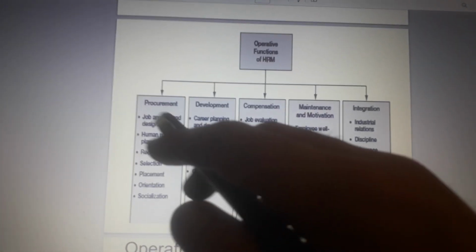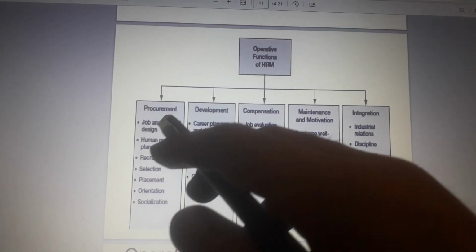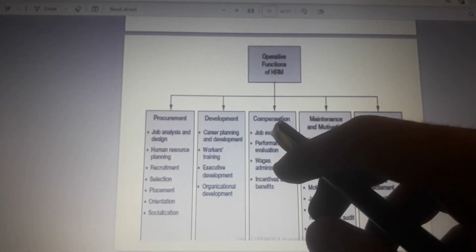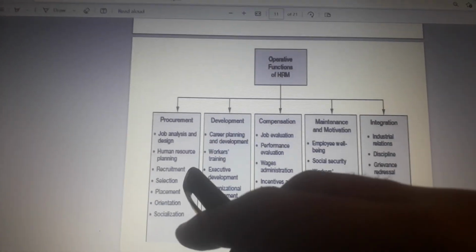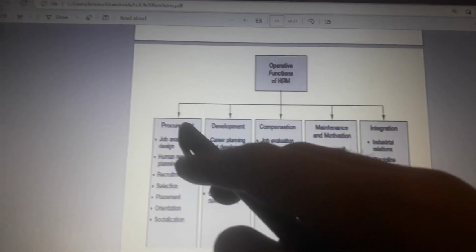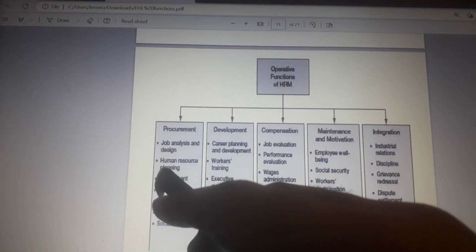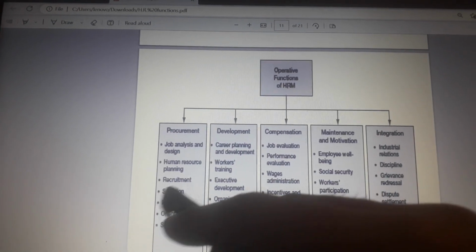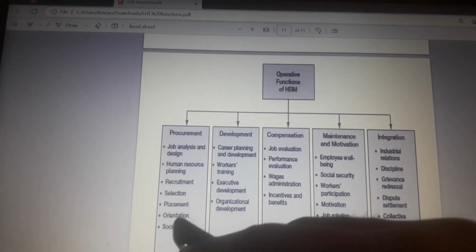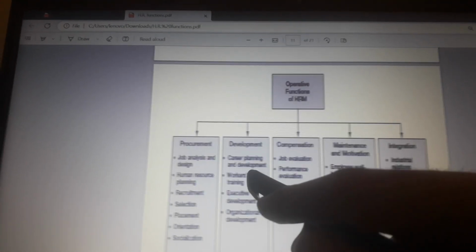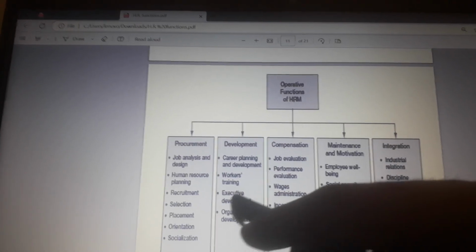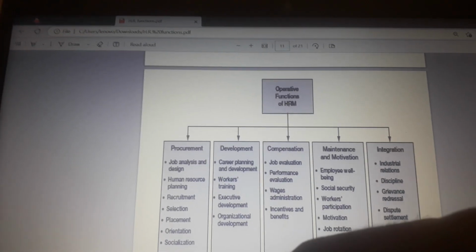Operative functions of HRM: procurement, development, compensation, maintenance and motivation, integration are the operative functions of HRM. In procurement comes job analysis and design, human resource planning, recruitment, selection, placement, orientation, socialization. In development comes career planning and development, workers training, executive development, organization development.